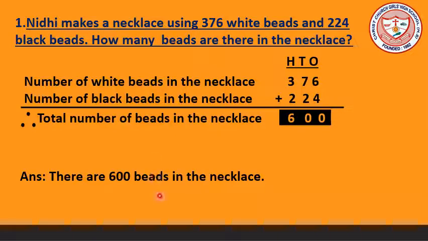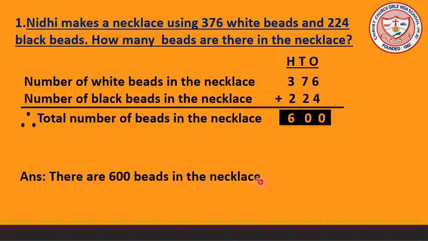We always have to write the answer separately like this. So here we are going to find out the total number of beads. So the answer will be there are 600 beads in the necklace. And always write the answer in a full sentence like here.